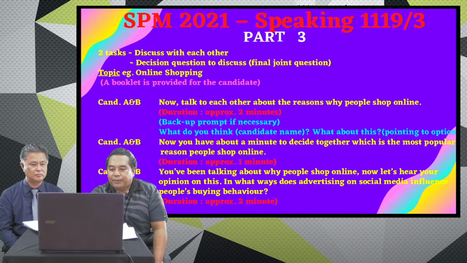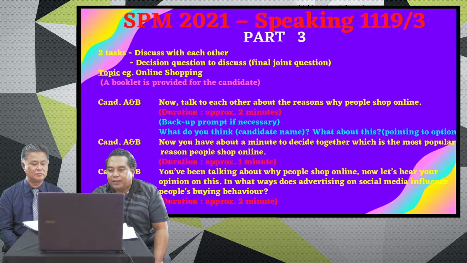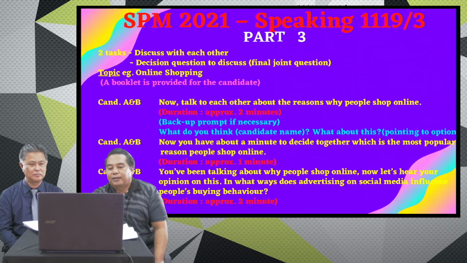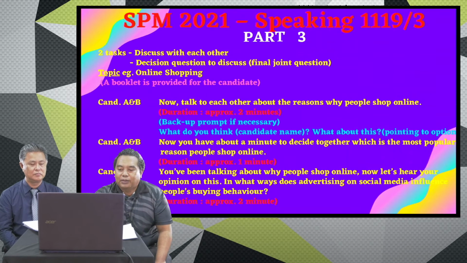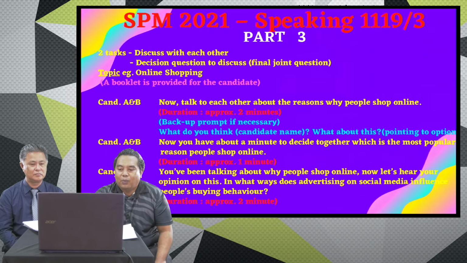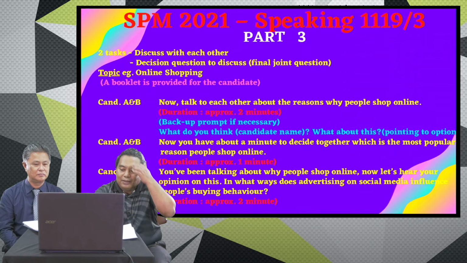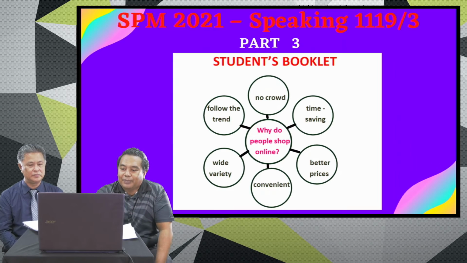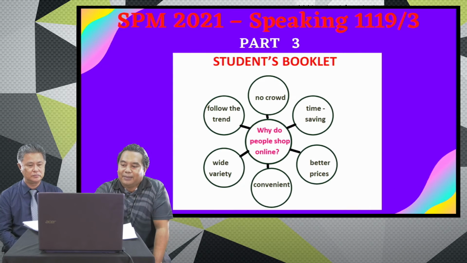Okay, now you have about a minute to decide together which is the most popular reason people shop online. They will have to give a conclusion of their discussion. What is the best option between these 6 options? These 6 answers, which is the best answer?